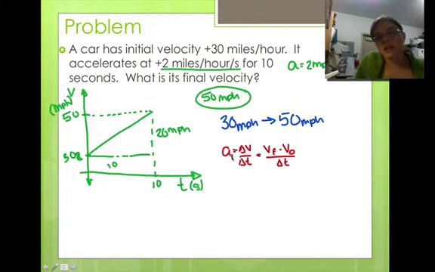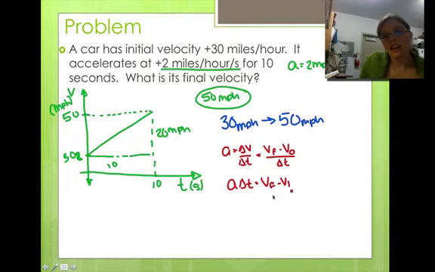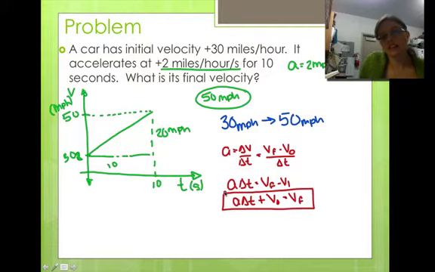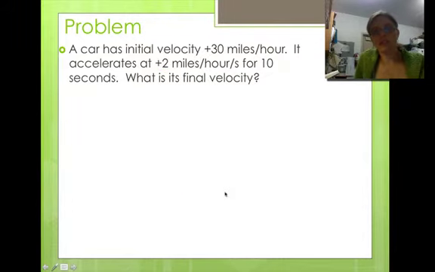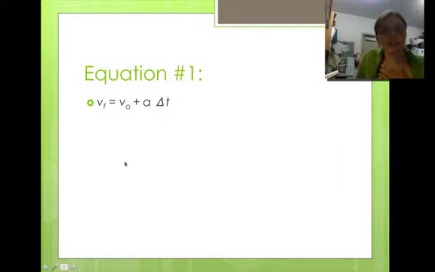If I multiply both sides by change in time, acceleration times change in time is equal to Vf minus Vi, and then add Vi or V naught to both sides. Vi is equal to Vf minus acceleration times change in time. We get our first kinematic equation. Vf equals Vi or V naught plus acceleration times change in time.